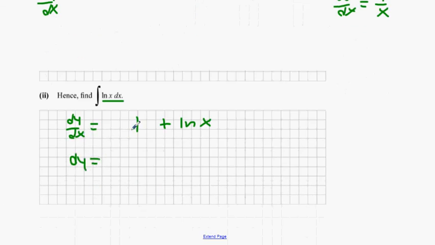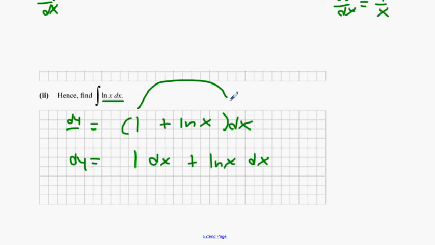Bring the dx up to the top, so you're getting rid of it from the bottom. It's divide on the left side, which makes it multiply on the right side. Then what? 1 dx plus ln x dx. I multiplied it out.